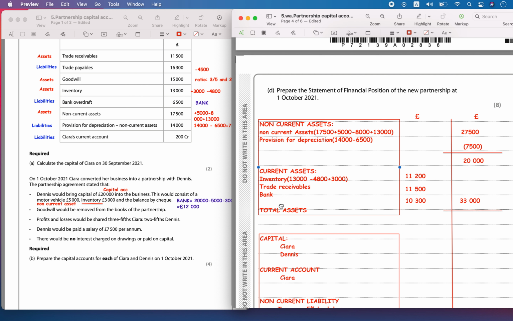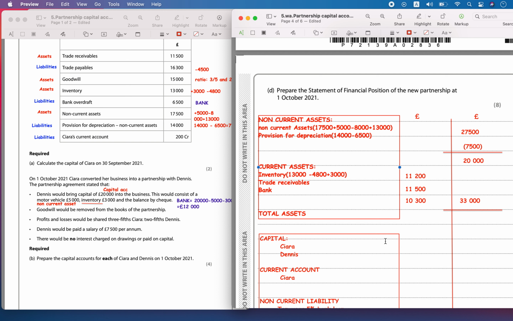The total asset value will become equal to 20,000 plus 33,000, that value is 53,000. That's the total assets in the business.